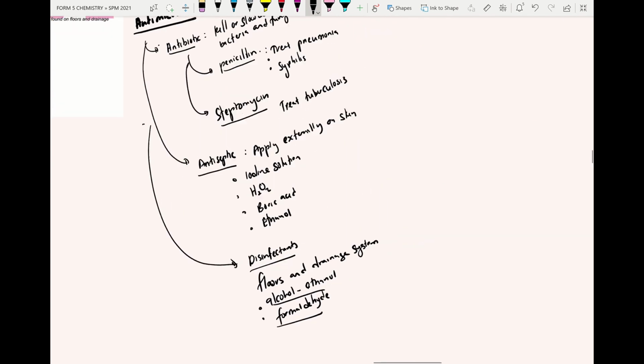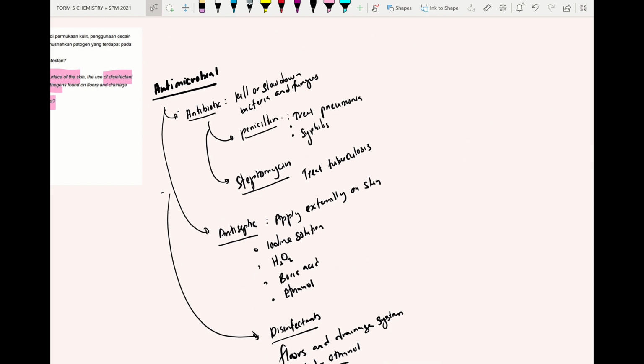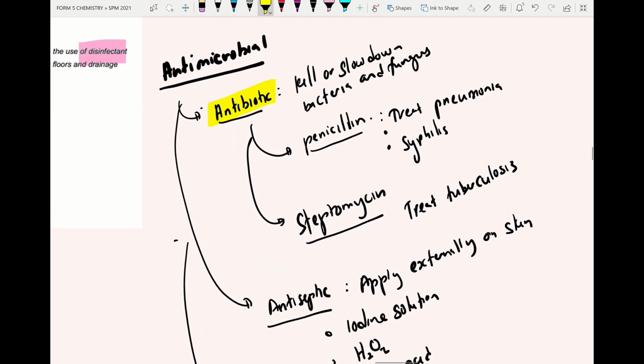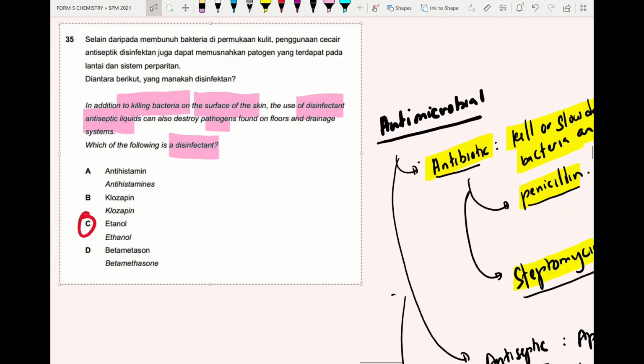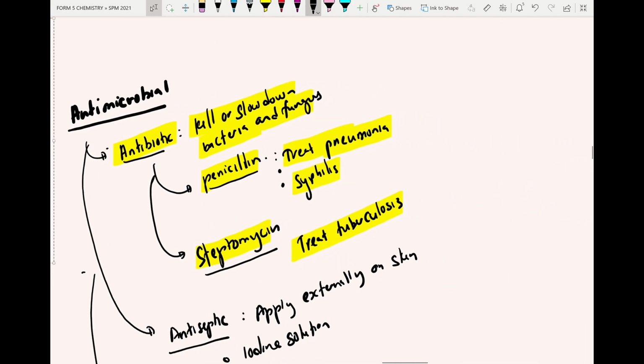So these are the antimicrobial examples that students must remember. Number one, antibiotic is used to kill or slow down the growth of bacteria and fungus. Example, penicillin or streptomycin is used to treat pneumonia, syphilis, or gonorrhea. Streptomycin, please remember, is used to treat tuberculosis, also known as TB.